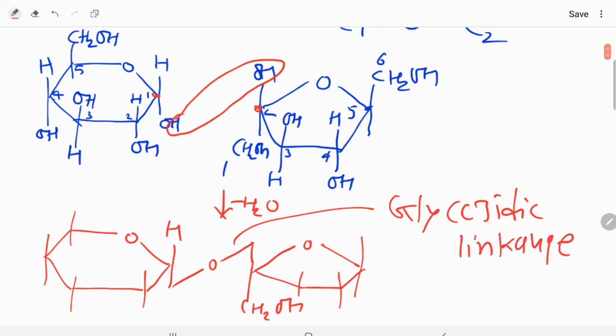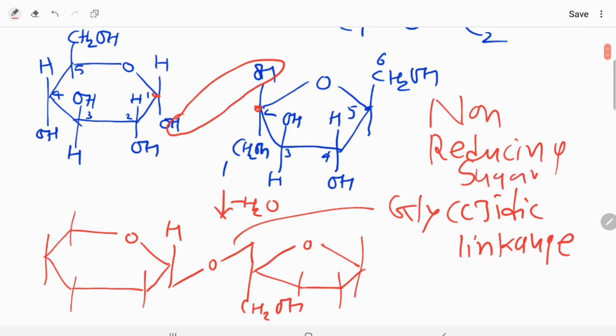So by this way you can form sucrose molecule, and sucrose is an example of non-reducing sugar, because as you already know, on fructose, on second carbon, carbonyl group is present, and on glucose, on first carbon, carbonyl group is present.